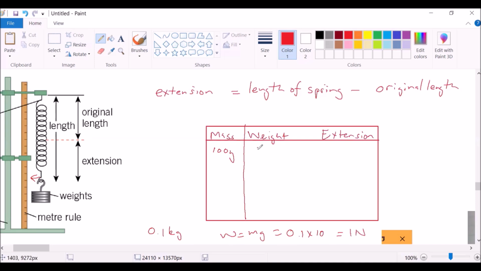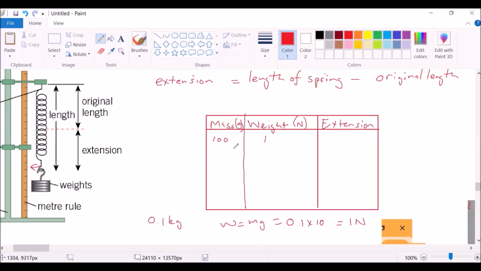So the weight is 1 newton, and the extension is calculated by this formula: length of spring, which is the reading on the loaded spring, minus the original length, which is the reading on the unloaded spring. When we add a 100-gram weight, the mass now is 200 grams and the weight is 2 newtons.